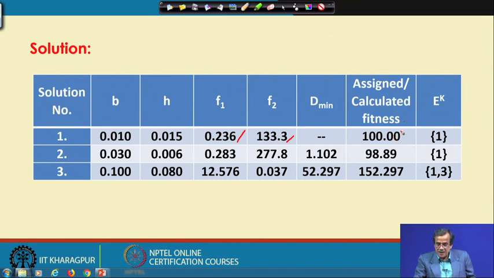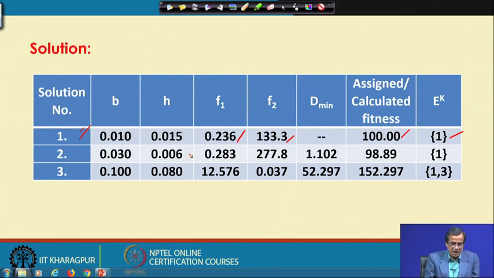So, this is the random fitness we assign to solution 1, and we put the first solution in the non-dominated set. This E k indicates the non-dominated set. The first solution I am going to put in the non-dominated set.